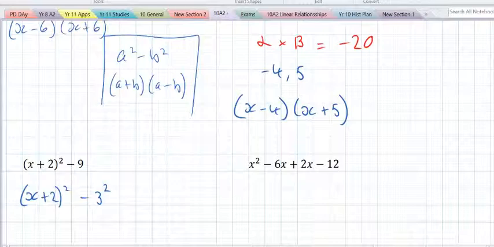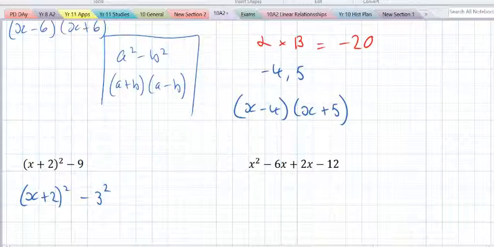Alright? We have a number that's squared minus another number that's squared, so we can use that same property as above. But in our case here, what is a? x plus 2.